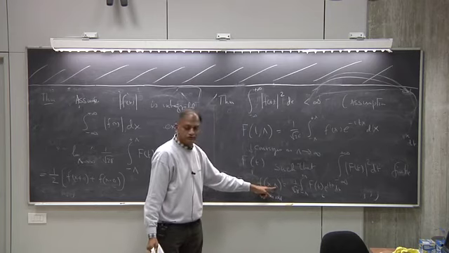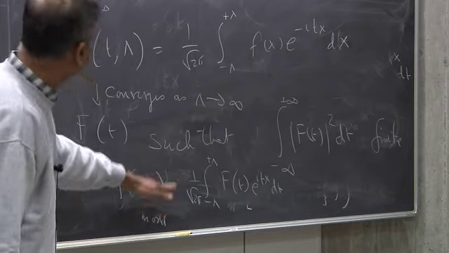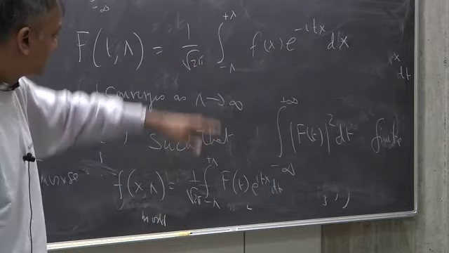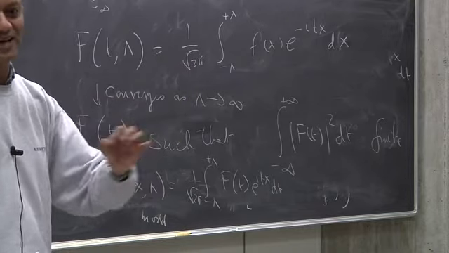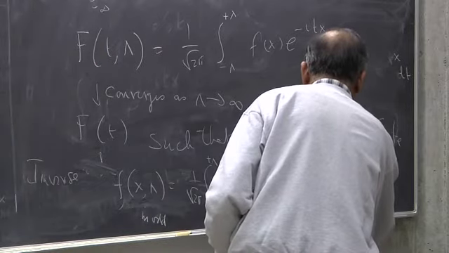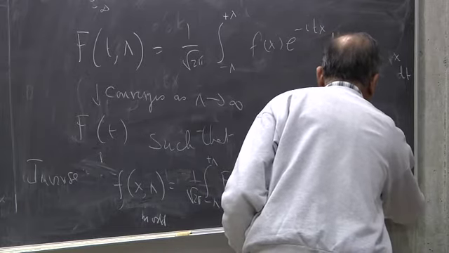As you take lambda to infinity, this again converges, and it converges to the original f of x almost everywhere. Every statement in this theorem is almost everywhere.